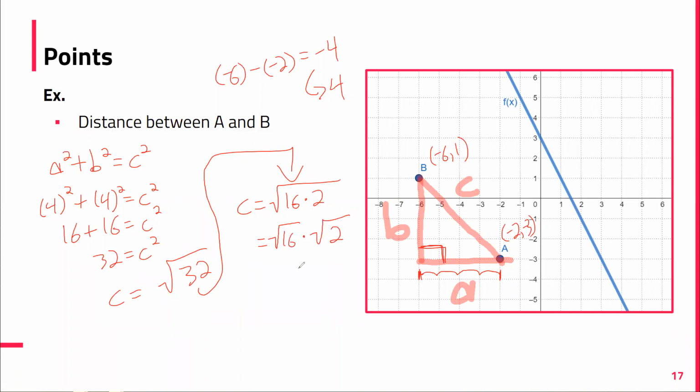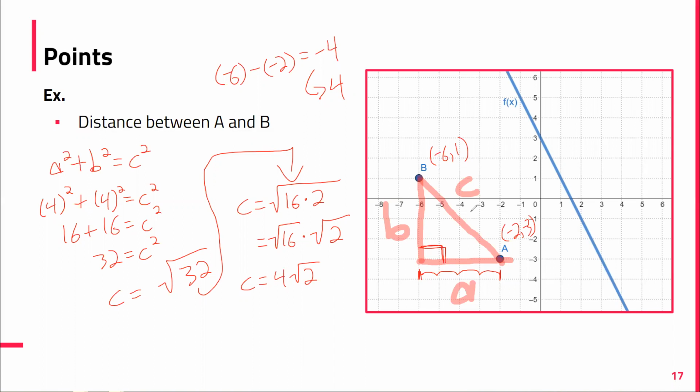If you have two things multiplied together with an exponent or a root like this, you can split them up. Root 16 is just 4, so 4 times square root of 2. That's the cleanest way of writing this. Square root of 2, we might know it's 1.414 and so on, but this looks much nicer than an infinite decimal.